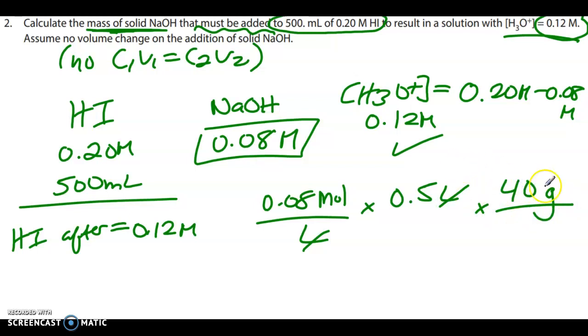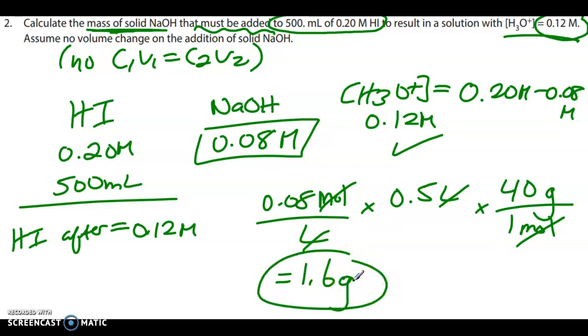NaOH is pretty much 40. We end up getting a value of, to 2 significant digits, 1.6 grams. So instead of them telling us how much we're adding, they're giving us how much should be resultant afterwards.